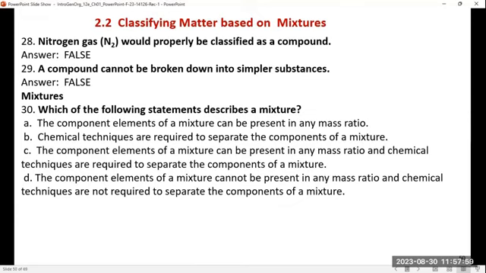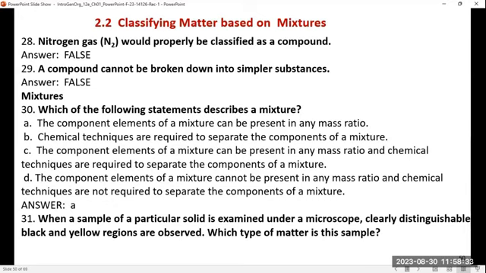The components of a mixture can be present in any mass ratio. That's a true statement. But the second part of the statement, chemical techniques are required to separate the components of a mixture, is wrong. Of the two combined statements, one is wrong, so the combined statement is false. So choice A is still the correct answer.